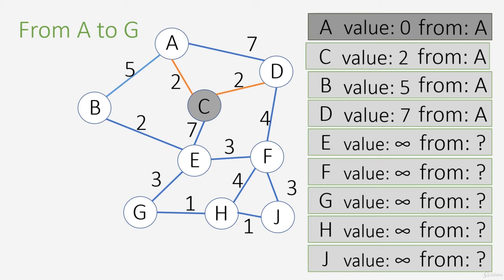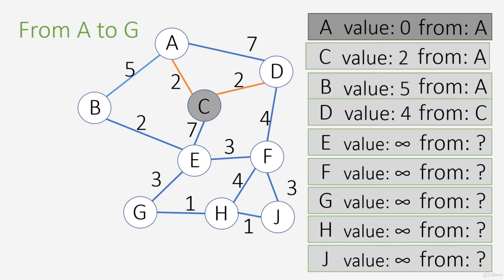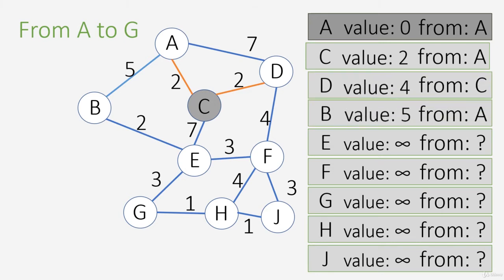And the current shortest path to D is 7. So I will change the value to 4, and I will also change the node from which I got here to C. And I also need to move D up in the priority queue because it has a smaller value than B, right? So now I look at the other edges from C.